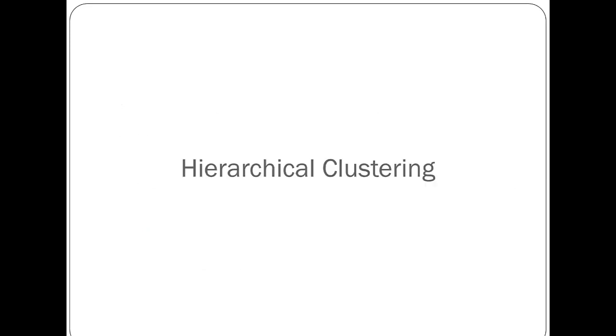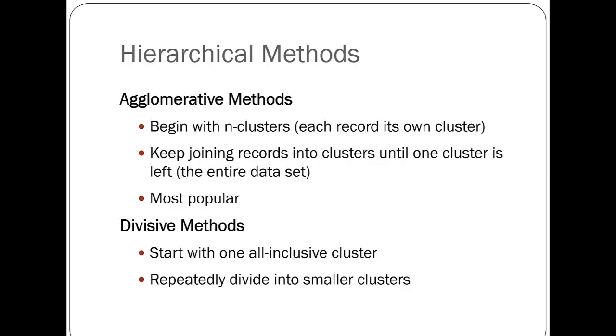So let's first start out by talking about hierarchical clustering. And there are 2 methods for this. One's called agglomerative, and the other is divisive. The agglomerative method starts with n different clusters, so each record is its own cluster, and then we join the records together into clusters until there's just one cluster at the end.